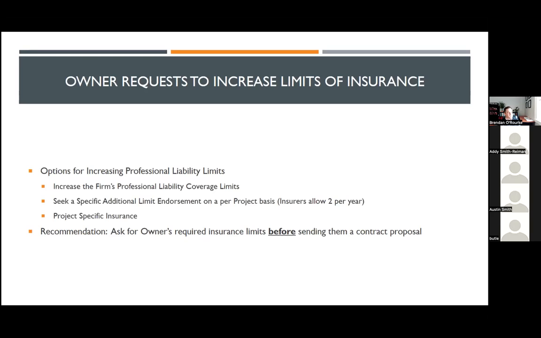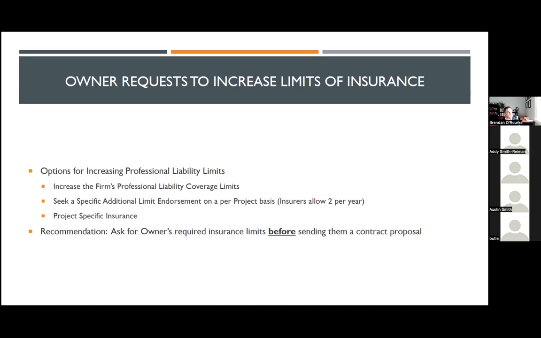I've been successful. I've never had a client have to walk away from a project due to the owner's request for increasing limits of insurance. We've either limited the time frame, limited the amount, had the owner pay a portion of it, or not disclosed it to the owner and received it, or got it and passed it on through the contract price.